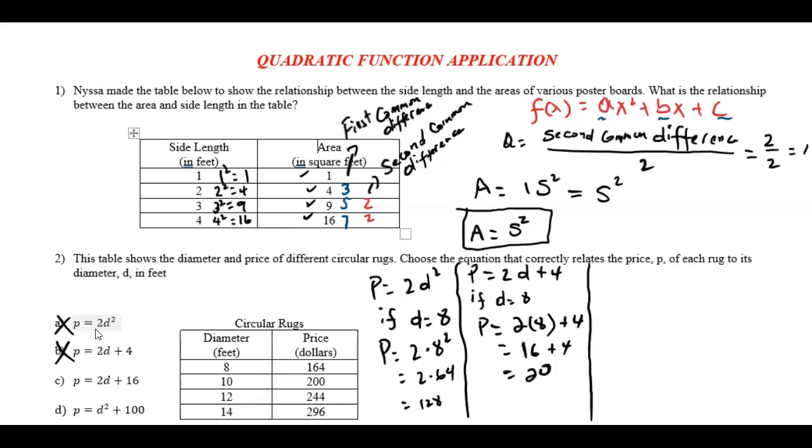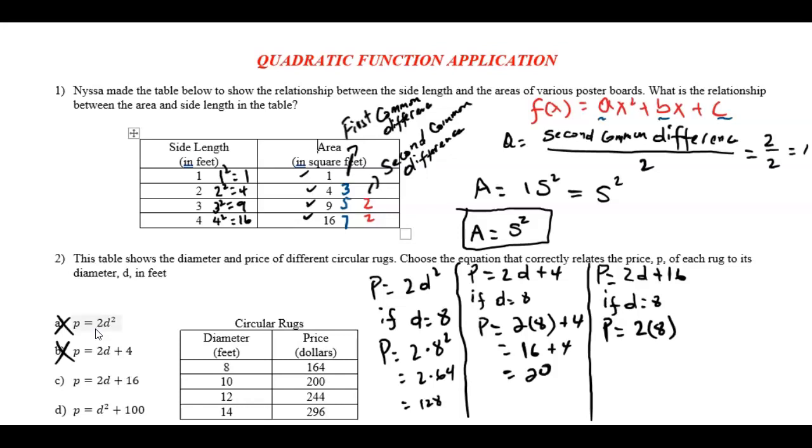Let's check the third one. P equals 2D plus 16. So if D is 8, then P equals 2 times 8 plus 16.